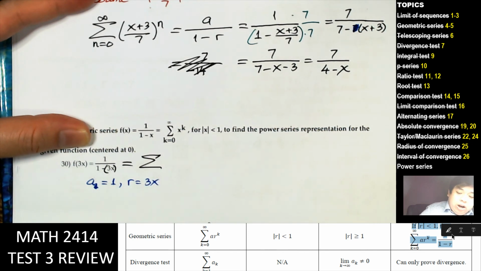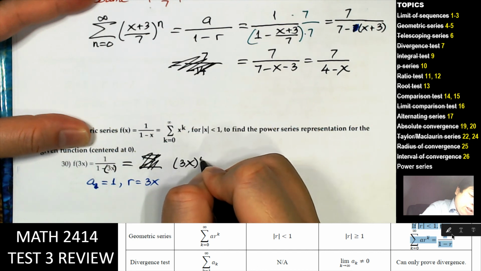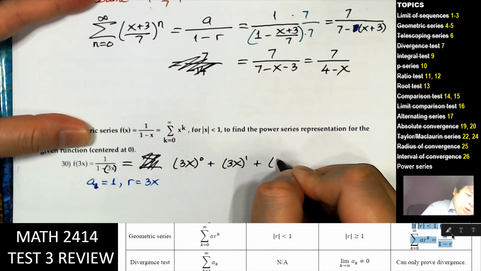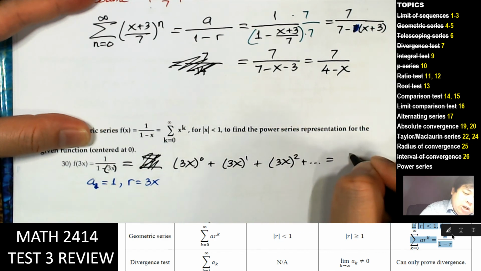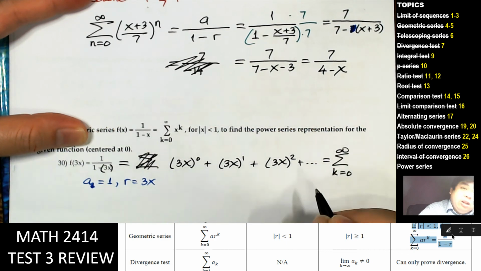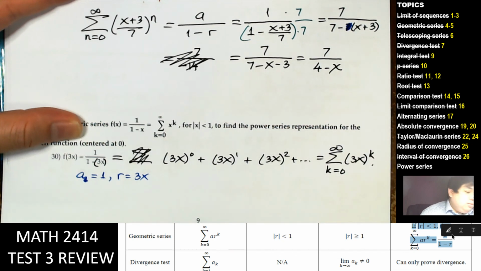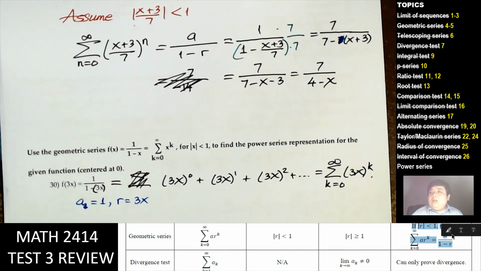So if we write that out, it's going to be 3x to the 0 power, 3x to the first, 3x squared, and so on. In general, it will be the sum from k equal to 0 to infinity of 3x to the k. Right. So that's what we have.